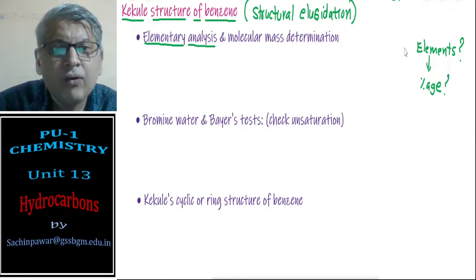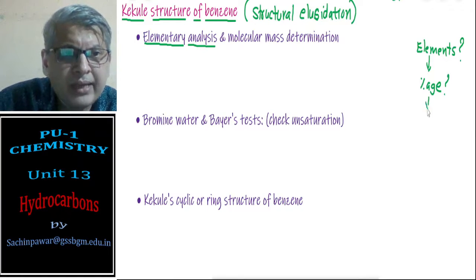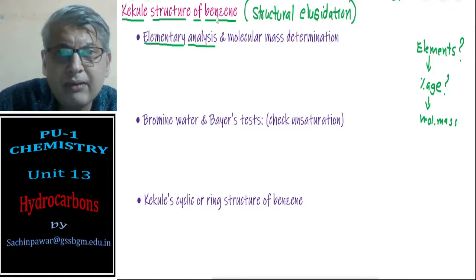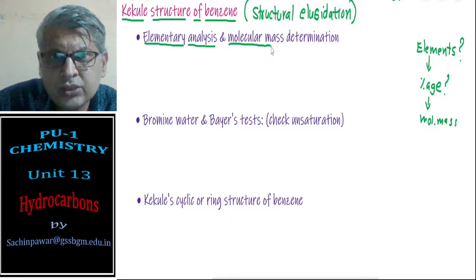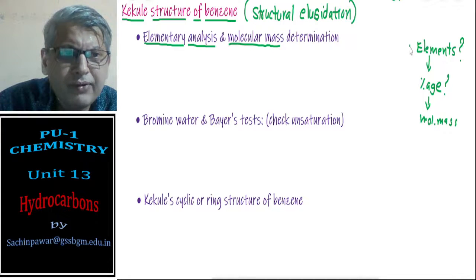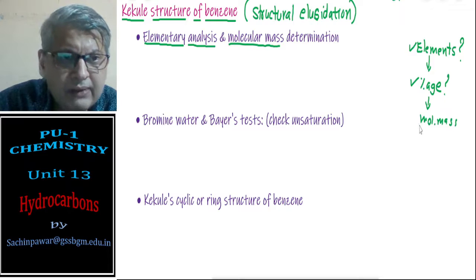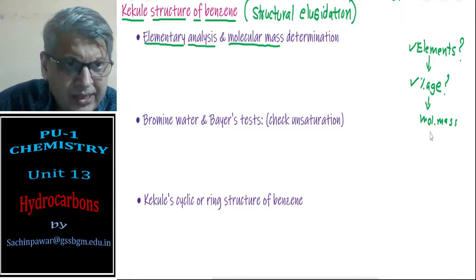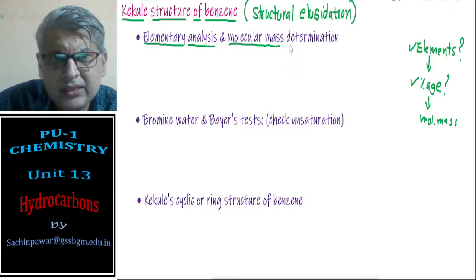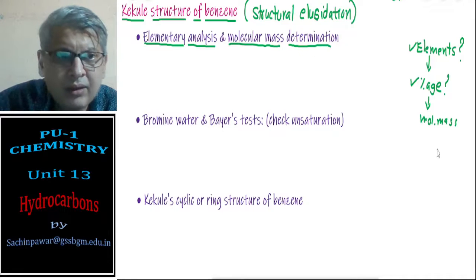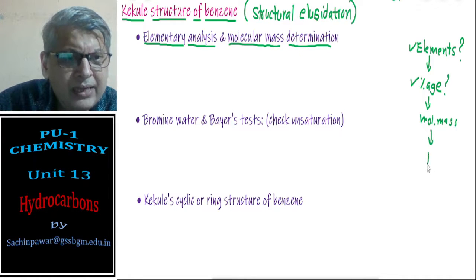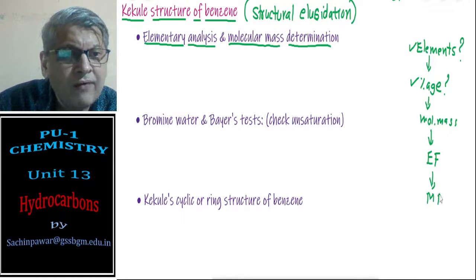After that, you go for molecular mass determination, where you determine the molecular mass of the compound. So elementary analysis gives you which elements are present and their percentages, and molecular mass determination gives you the molecular mass. Based on these two, you can write out the empirical formula and also the molecular formula of the compound.